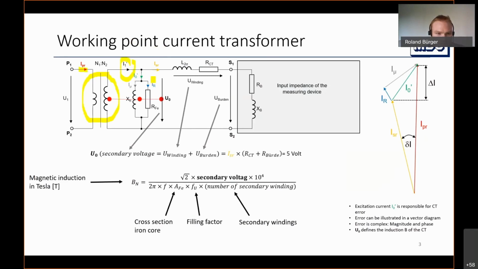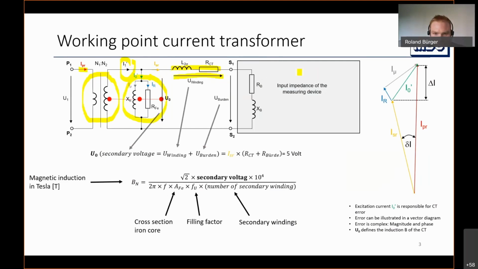And of course you need a little bit of current, a little bit of power, for magnetizing the core. And you have a fixed copper winding, and the secondary current goes through this impedance, and you have, of course, a voltage drop over this impedance.